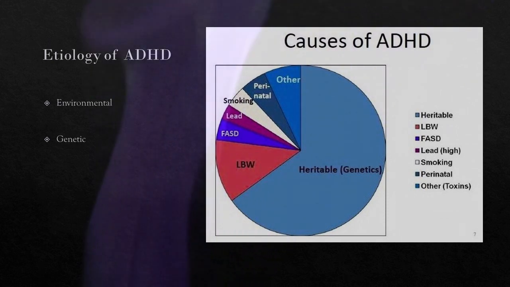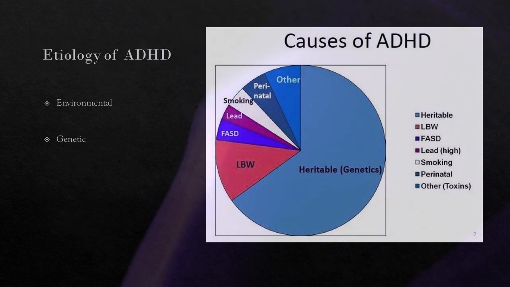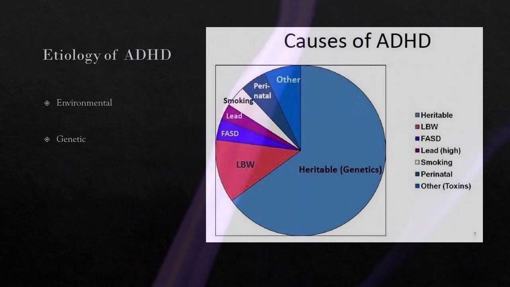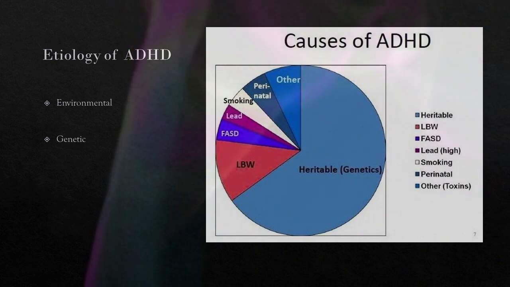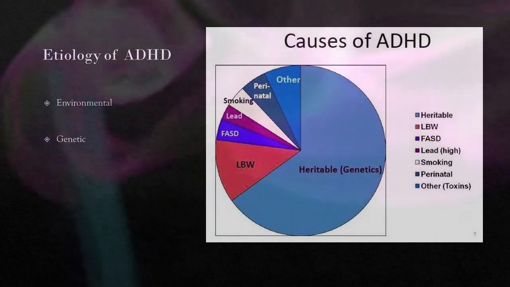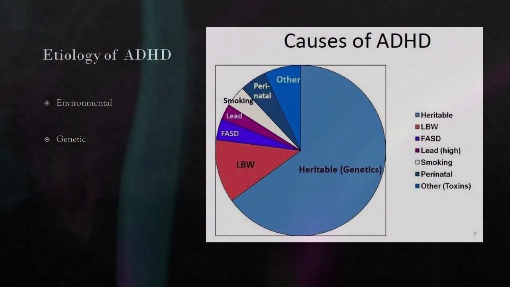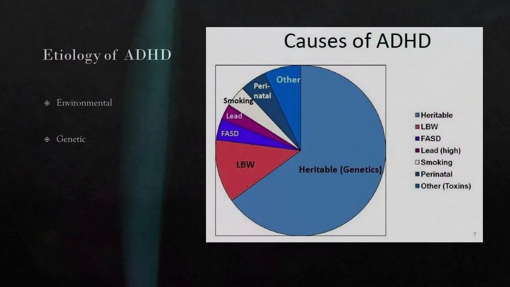And there also seem to be some specific genes related to neurotransmitter systems, particularly those involving dopamine regulation, that have been implicated in ADHD. There seems to be some polymorphism in genes like DRD4 and DAT1 that have something to do with the development of this disorder.